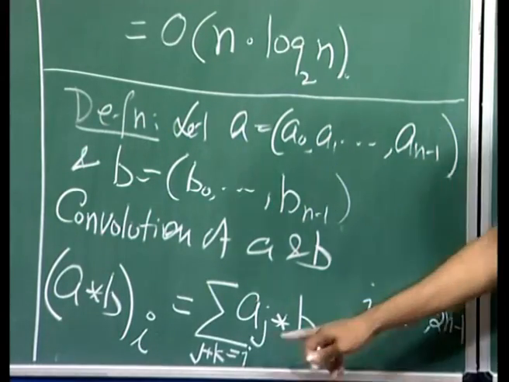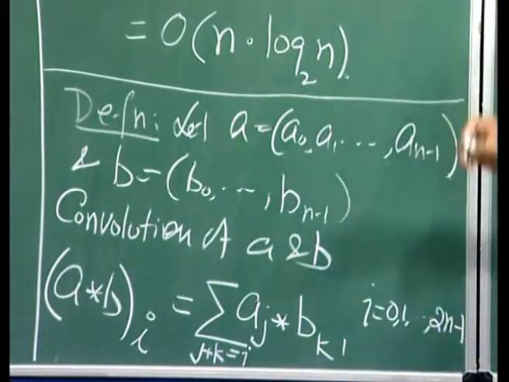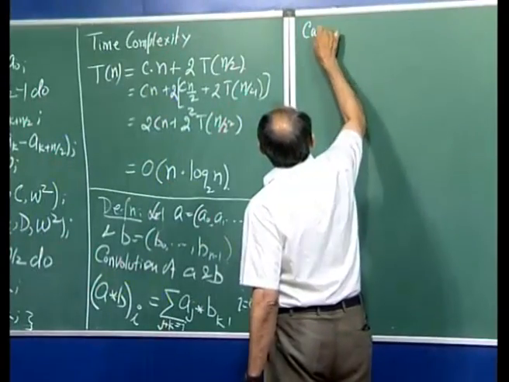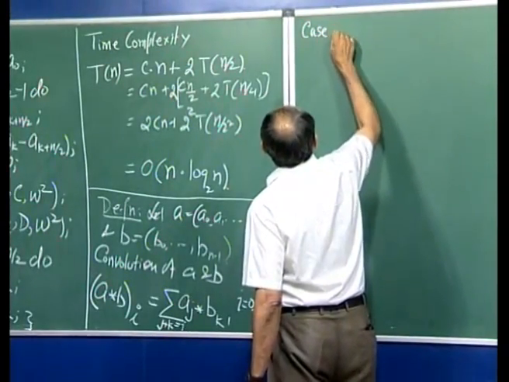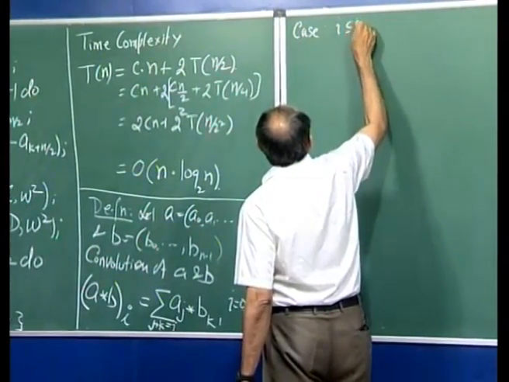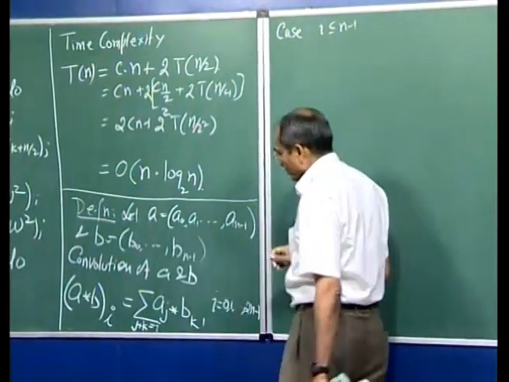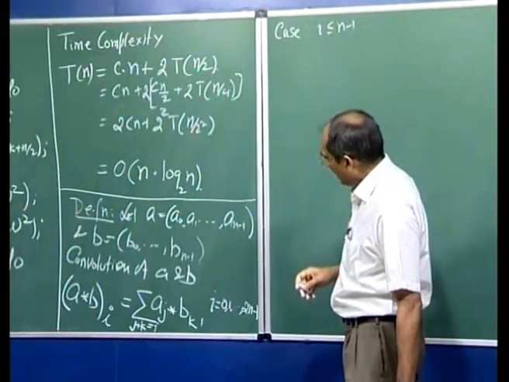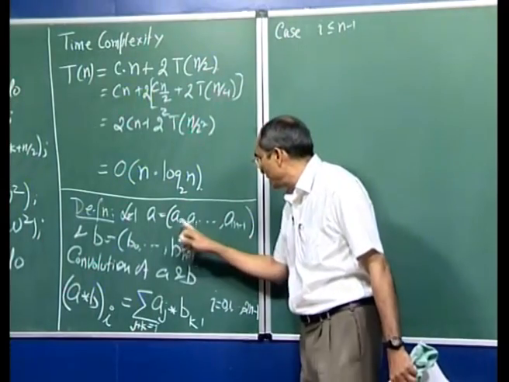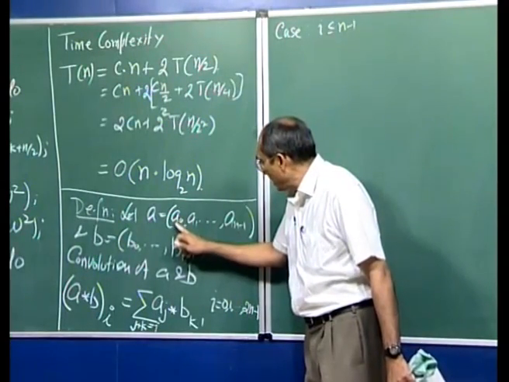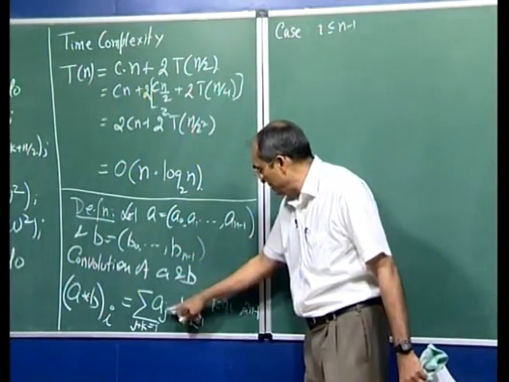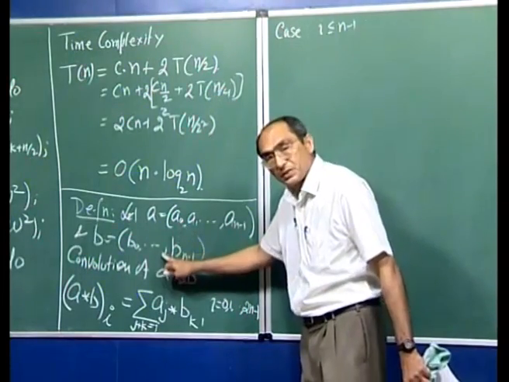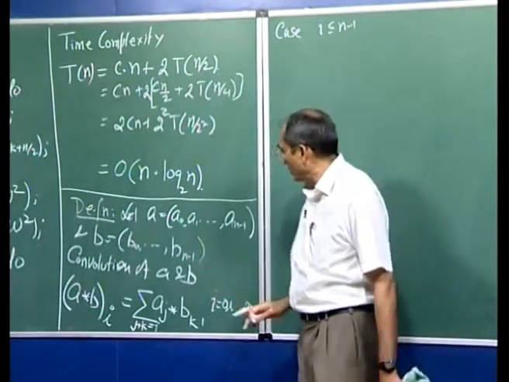As long as our I is less than or equal to n minus 1. So, let us take a look at case 1, I less than or equal to n minus 1. In that case, A0 Bi, A1 Bi minus 1 and so on will contribute.